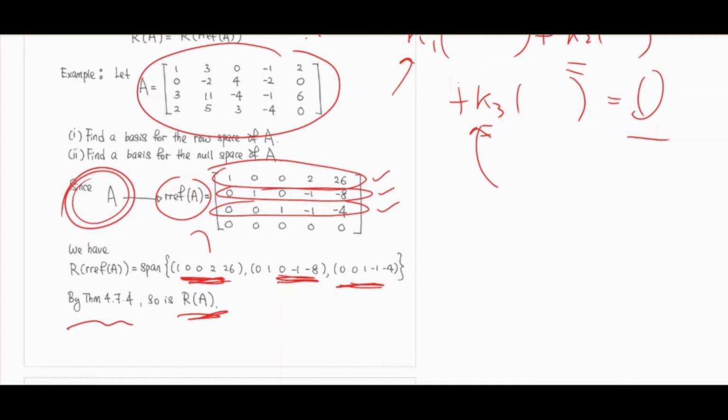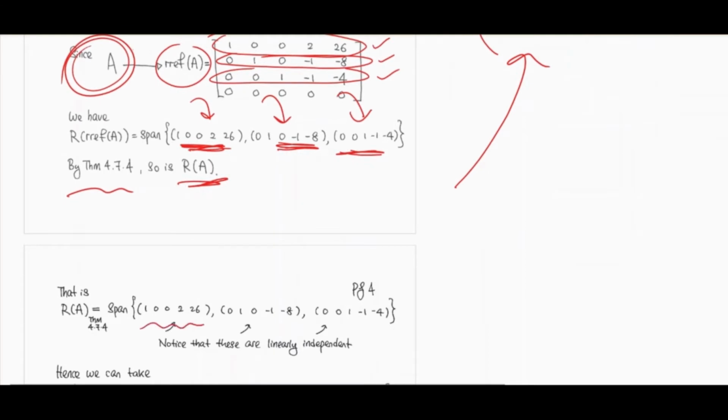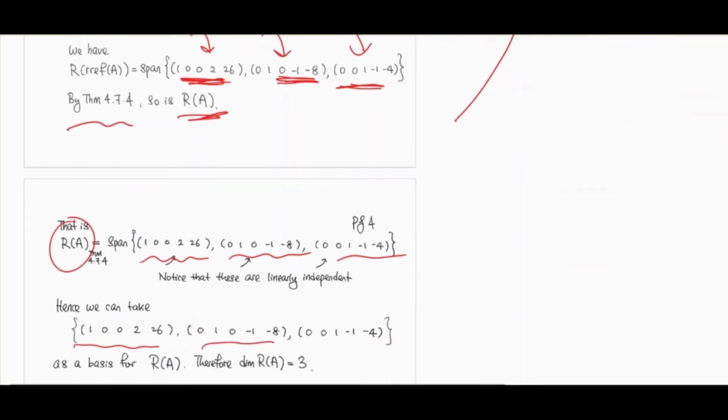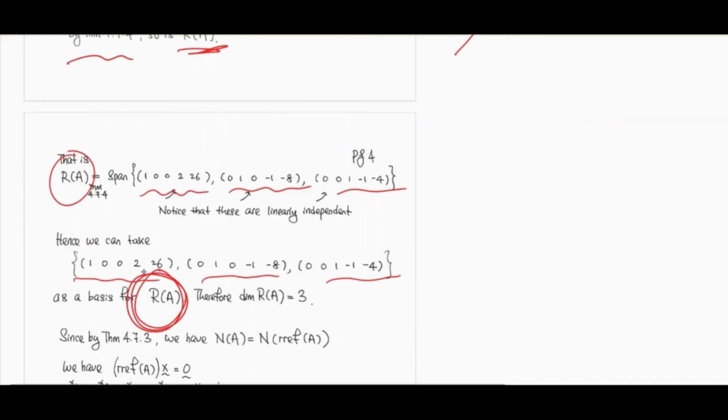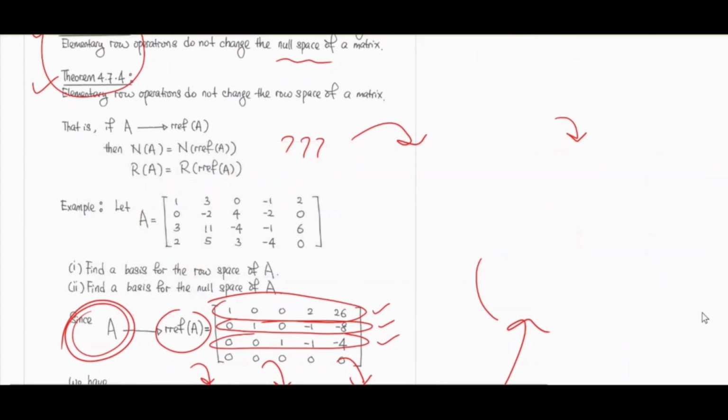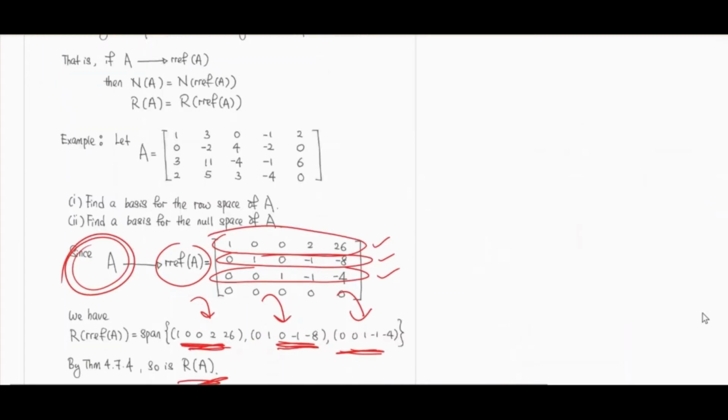Not only that, we already established that they are independent. So these vectors are independent and they span the row space of A, so we can take these three vectors as a basis for the row space of A. Again, if you look at matrix A by itself, it's very difficult to obtain that information. But the theorem says that the row space of A and the row space of the RREF of A are the same.